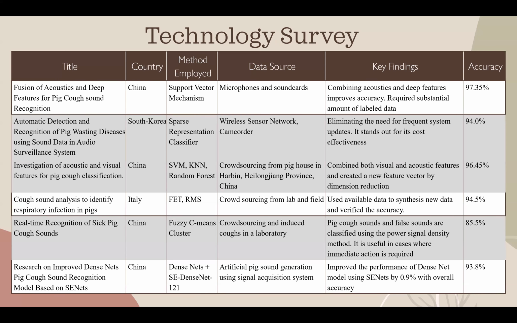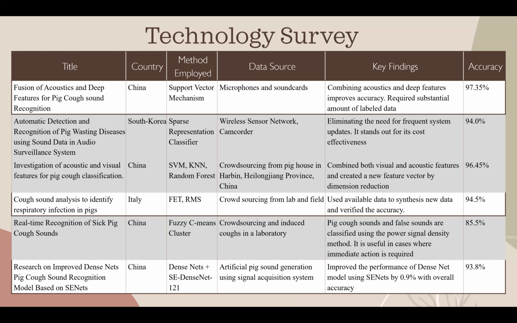Moving on to the technology survey, there are various projects conducted in swine disease diagnostics using audio and video datasets. There is a project in China on the fusion of acoustic and deep features for pig cough sounds, where they used microphones and sound cards to record the audio data of the swine.